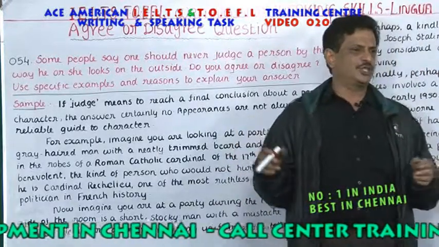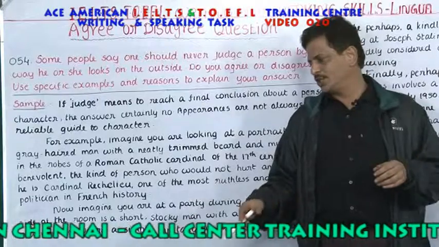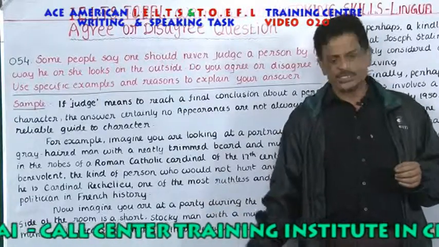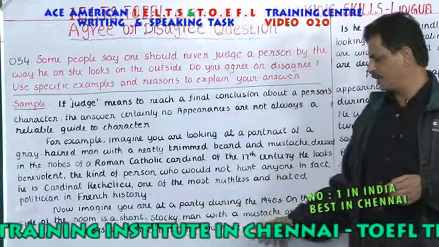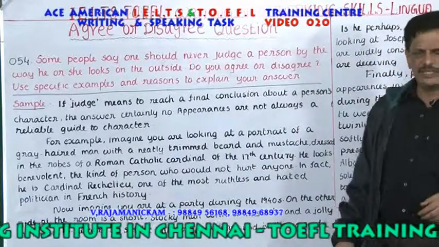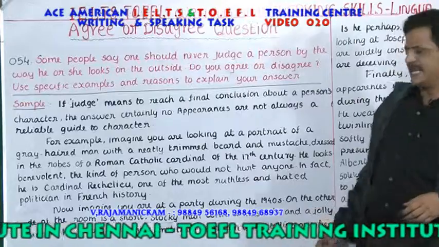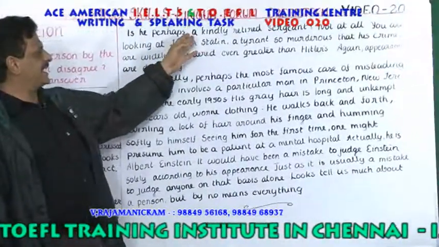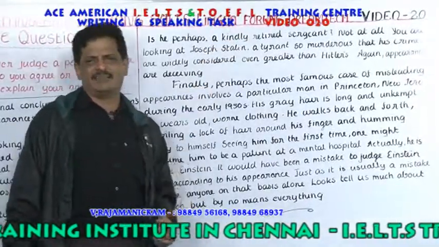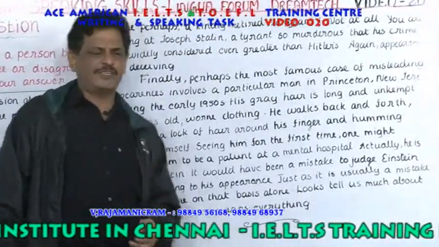He is speaking so jovially, like a jolly man. He looks really jolly. He wears a simple military uniform. He is wearing an ordinary military uniform and is telling a joke. Is he perhaps a kindly retired sergeant? He looks like a retired army officer.